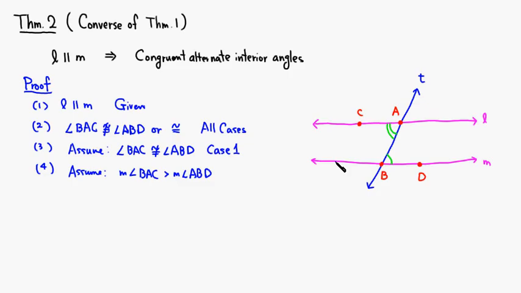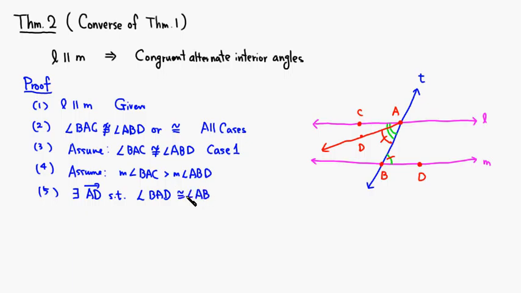If you have a larger angle, we can cut it down. So there should be some ray AD, so I'm going to construct the ray such that it matches the measure of angle ABD. So there exists a ray AD such that angle BAD is congruent to angle ABD.